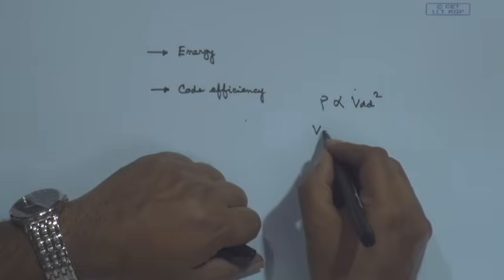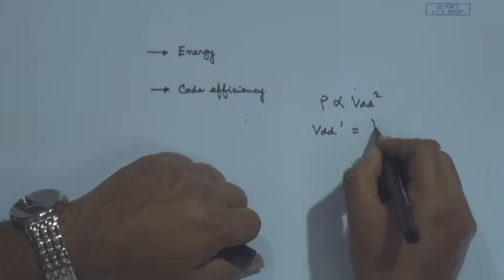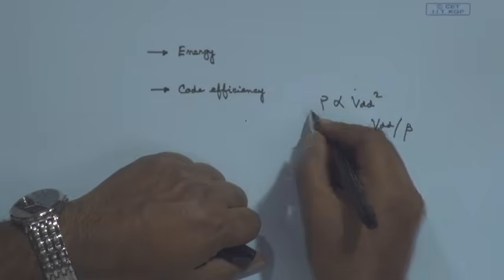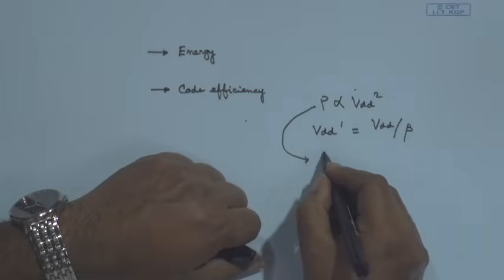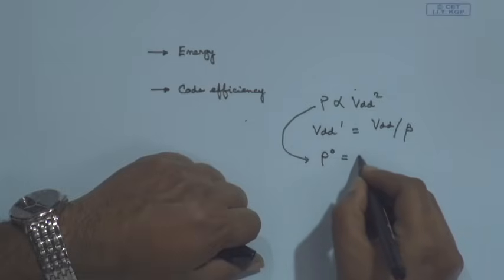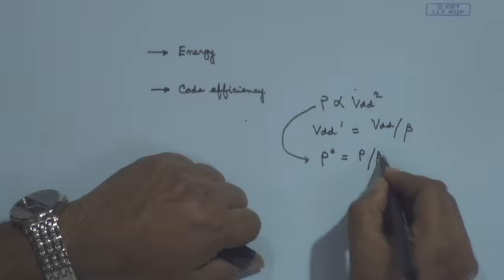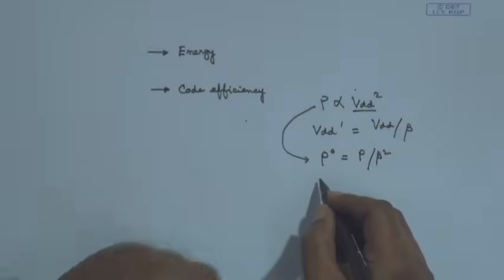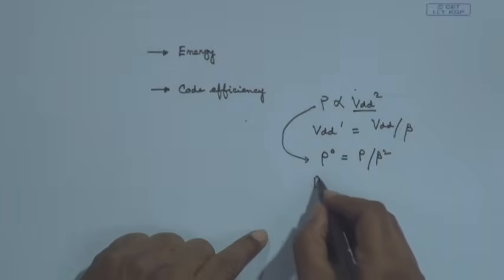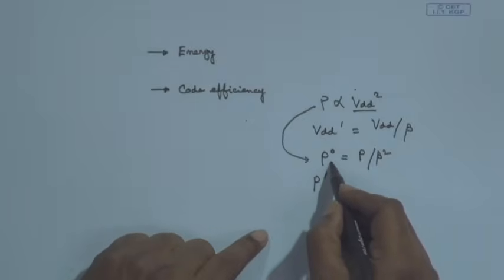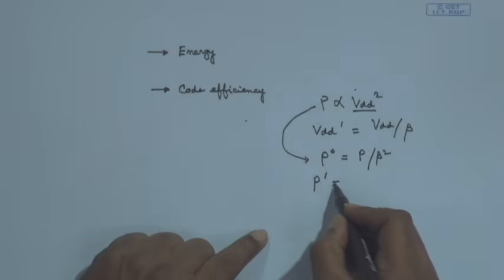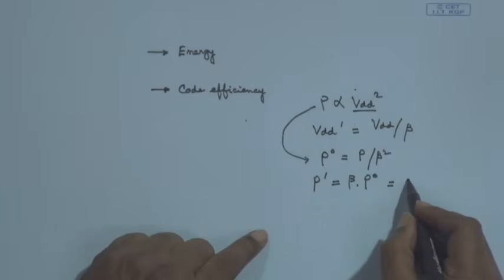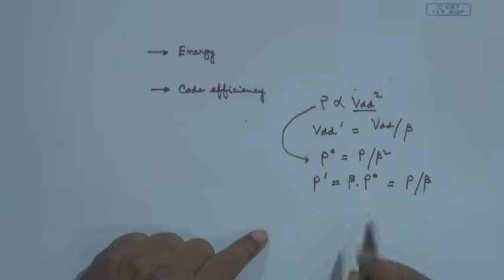We are reducing VDD to VDD by some scale beta. Therefore, my reduced power will be P by beta square. This is for one operation. So for all beta operations it will be beta times this, and that will therefore be P by beta.